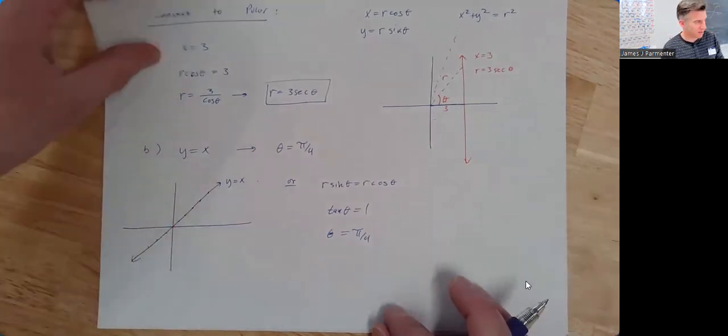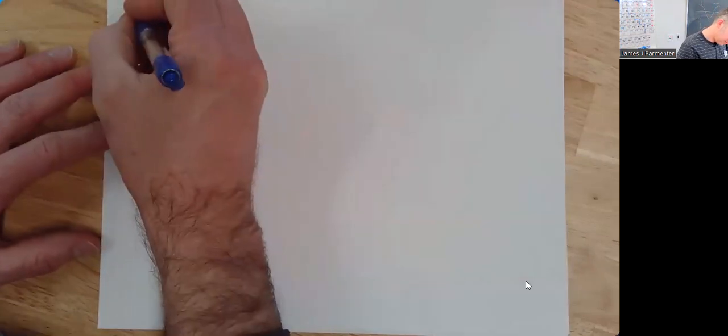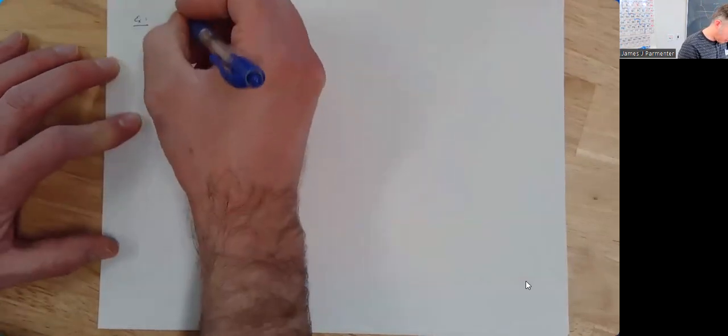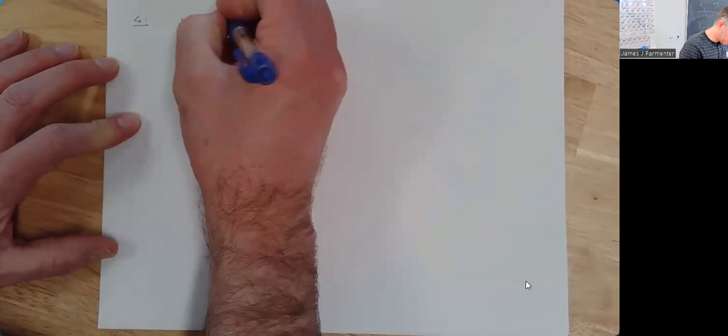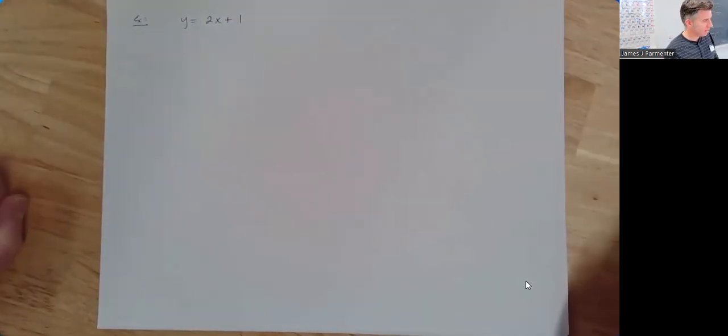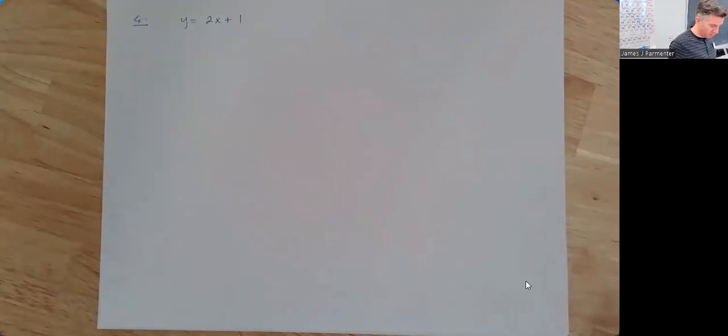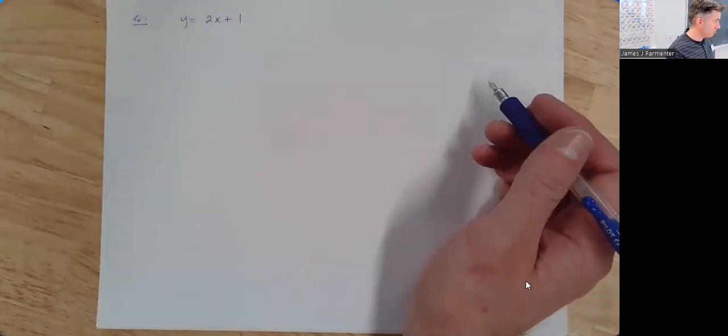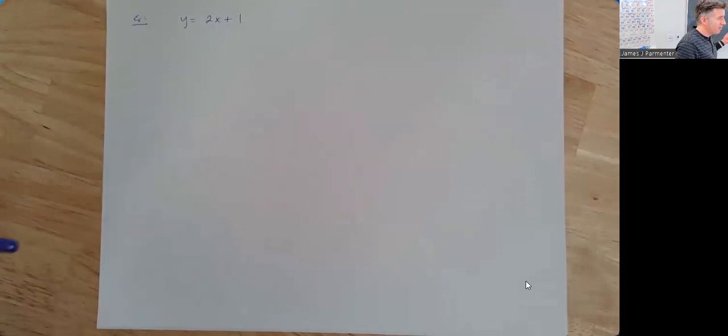And then things just start to get weird. So for example, if I have the line y equals 2x plus 1, I know what that looks like, it has a pretty regular Cartesian equation, right? That's a pretty straightforward line. But if you write it in polar, what I want to point out here is that some equations just make more sense in one system versus another.